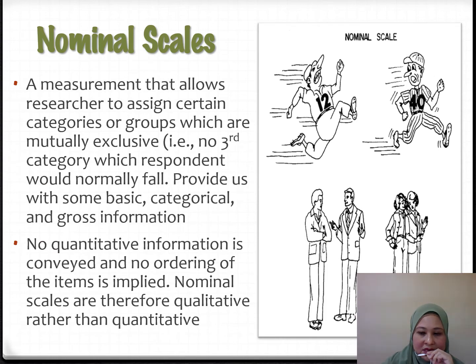This is the nominal scale, right? Simple. Nominal scale is therefore qualitative rather than quantitative. Sometimes it measures yes or no. Or it can be used in the quantitative as well.